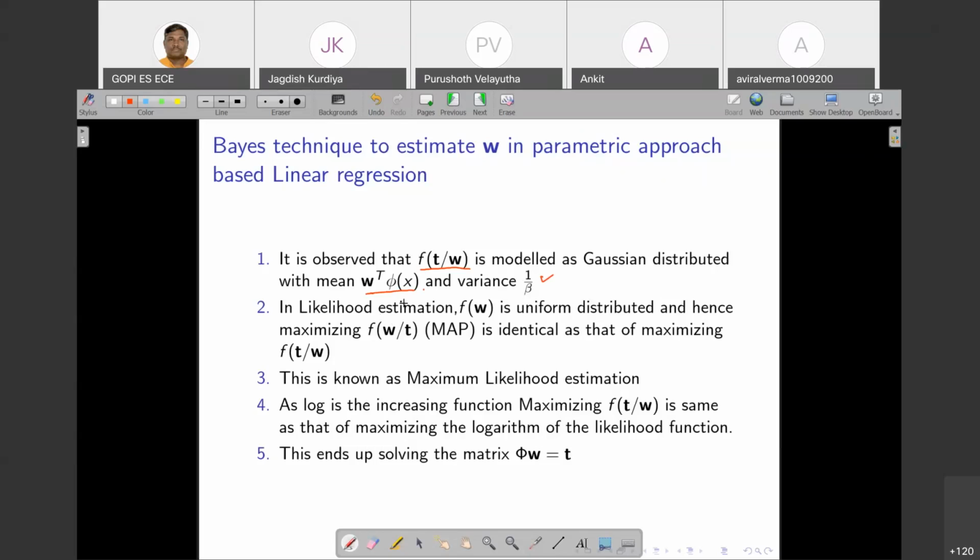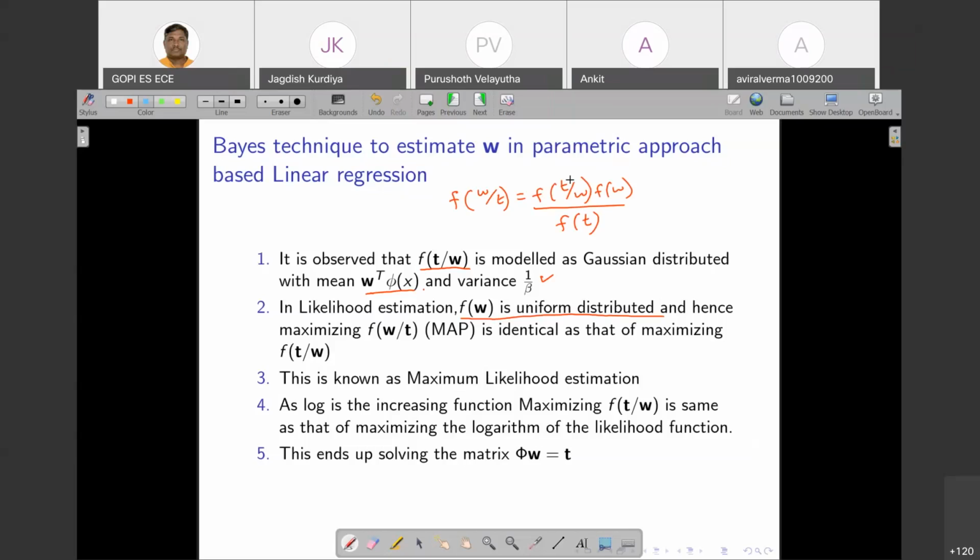So f of W given T is equal to f of T given W into f of W, whole divided by f of T, right? In case of likelihood estimation, f of W is assumed as what?